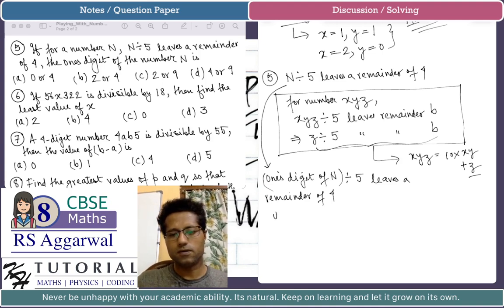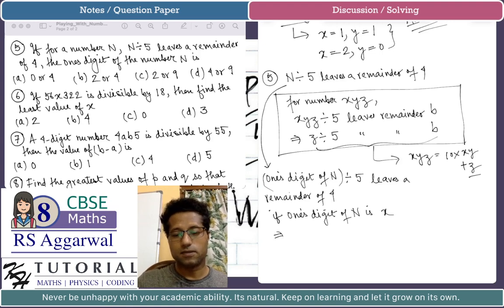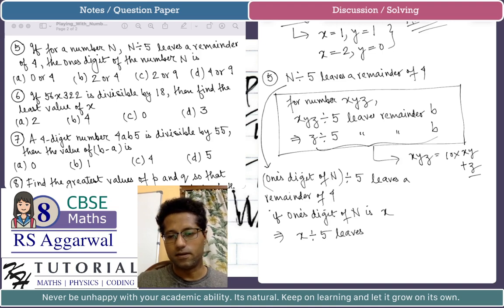So if the ones digit of n is x, this implies that x divided by 5 leaves remainder 4.